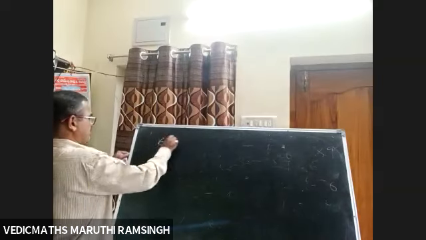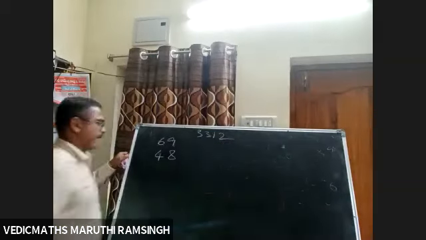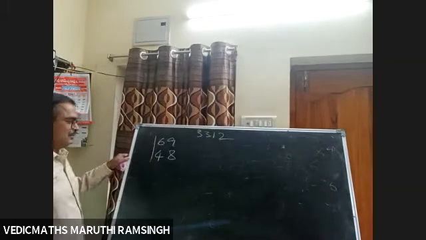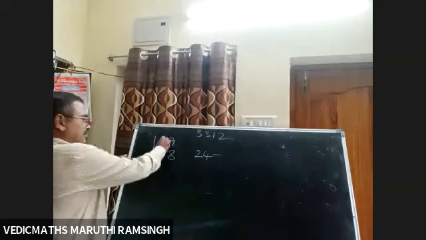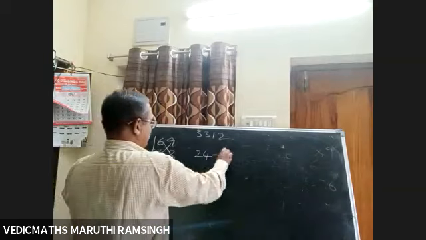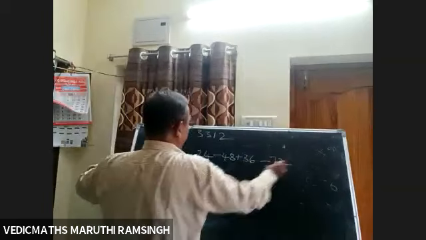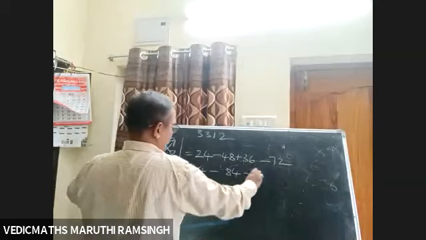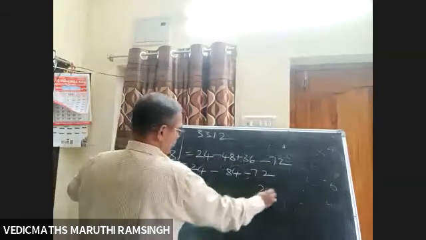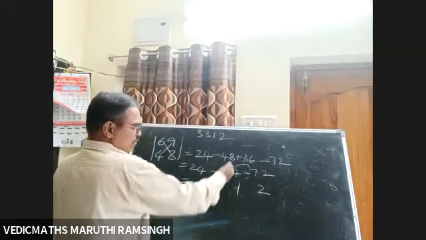69 multiply 48. 3312. That thing we want to learn: how are you getting it? 6 fours are 24. Yes, those steps we can do. 48 plus 36, 9 eights are 72. 24, 84, 72. 2 will come down. 7 plus 4, 11. 1 comes down.